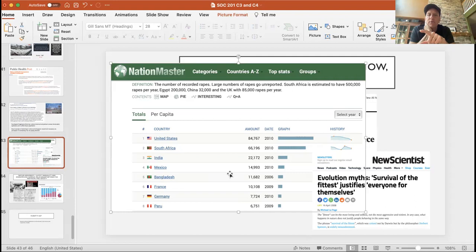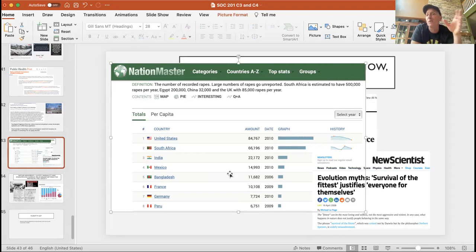Okay, look at the number of recorded rapes around the world. You get some issues maybe in terms of reporting in different countries, but if you look at things like assault rates, even without knowing the data, you could ask, what's the likelihood of assaulting somebody else based on your social class position? Somebody in the top 1% versus the top 10% versus the bottom 10%.